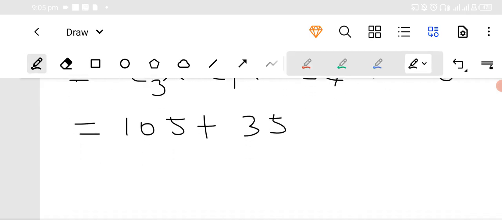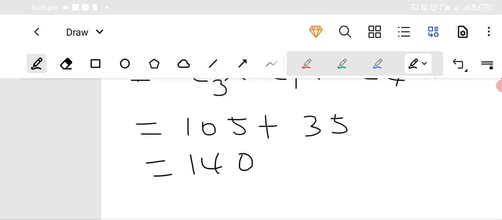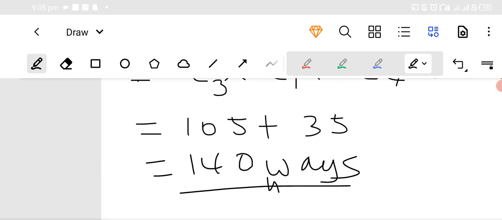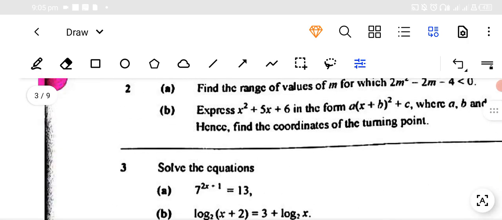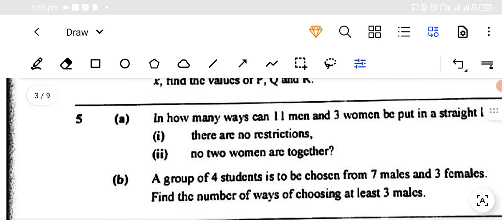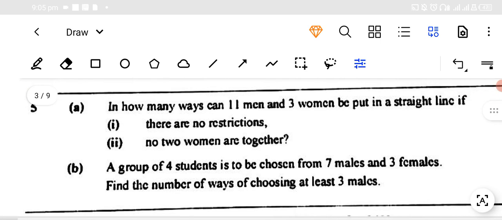This is simple, giving you 140 ways. You see how simple that question was? 140 ways. Just break it down, be calm, be confident, practice. Everything else will be alright. Practice, practice, practice.